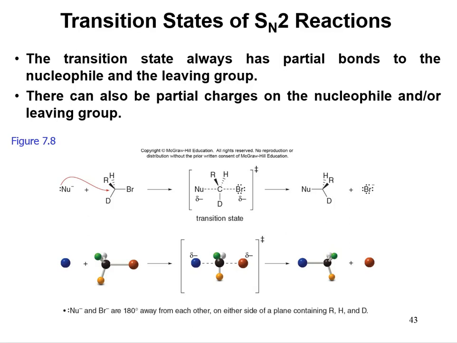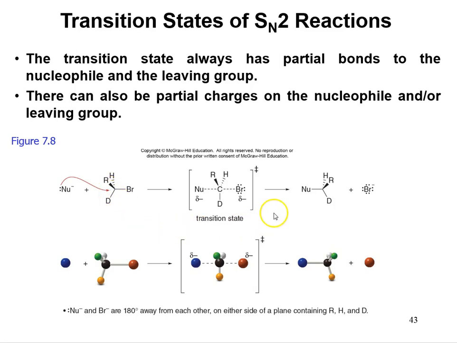The reason for the backside approach of the nucleophile can be seen by further examining the transition state. The mechanism is showing the approach of the nucleophile to the side opposite of the leaving group. This would be called the backside.